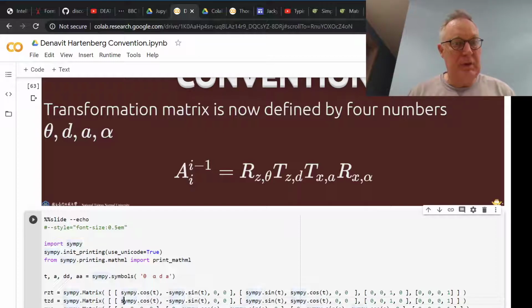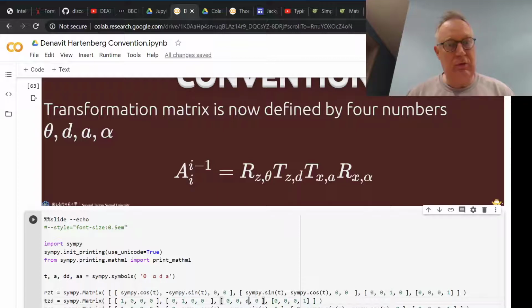So displacement along z is easy, right? That's the identity with the last column 0, 0, d, 1. And this here should be d.